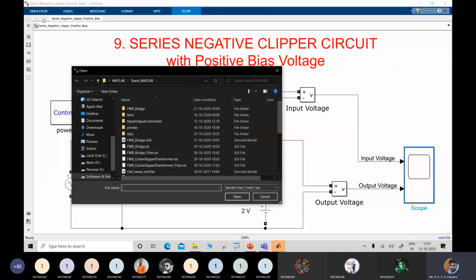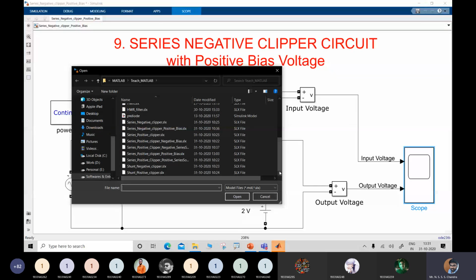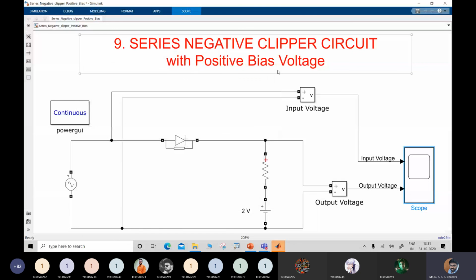In the next class, we'll be discussing combination clippers, where you have a combination of both the positive clipper and the negative clipper.